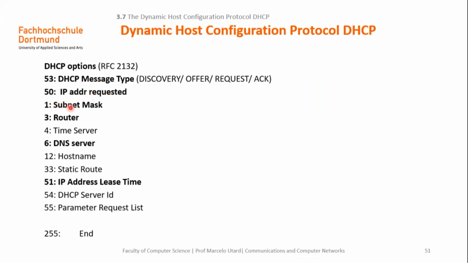Option 1 is the mask offered or assigned. Option 3, the default gateway. Option 4, the time server, for instance the use of the NTP, network time protocol. Option 6 specifies the DNS server that the DHCP client could use. And option 51 specifies the lease time of the IP address offered and assigned.